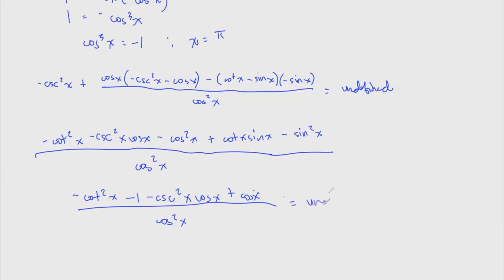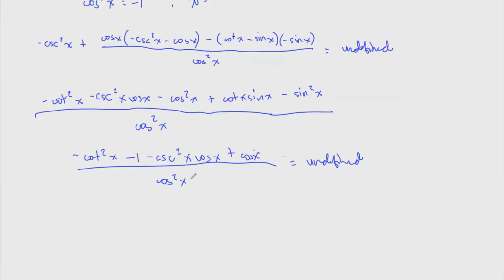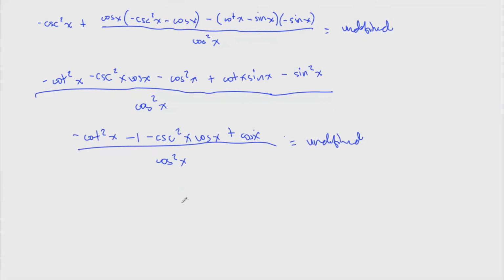Equal to undefined. So the value that will make this undefined is, of course, the value that will make this equal to 0. So if it's 0, then that simply means that this is equal to pi over 2, or any value that is at the pi over 2. So that'll just simply make this cosine squared x equal to 0.